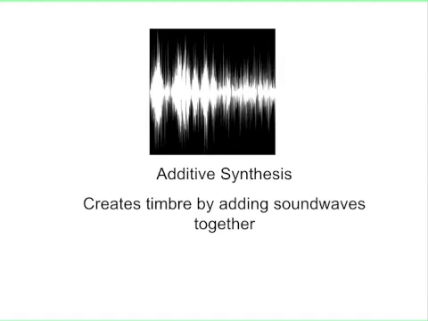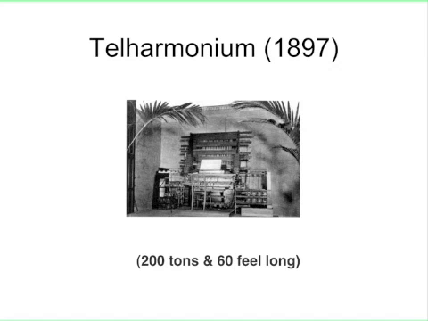The earliest synthesizers used the technique of additive synthesis, which creates timbre, which is basically the musical tone, by adding sound waves together. Additive synthesis is no longer really used. Other types of synthesis are used in electronic synthesizers now, but the very first one used additive synthesis, and that was the telharmonium.